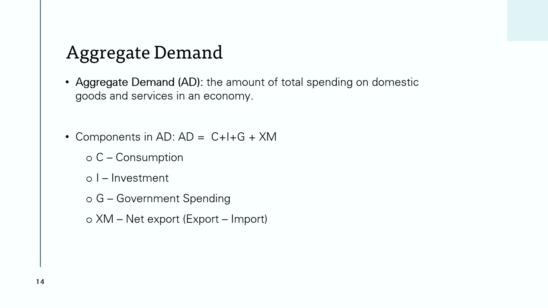G is government spending on goods and services. XM means net exports, like exports minus imports. Any changes in these components will shift the aggregate demand curve.